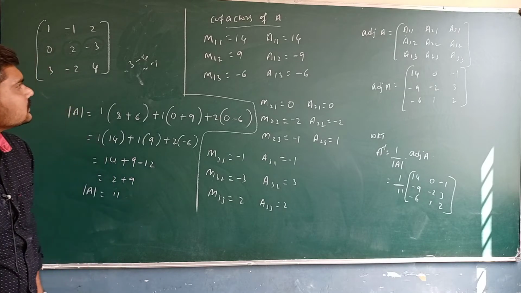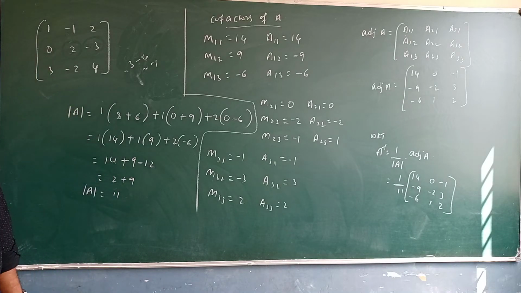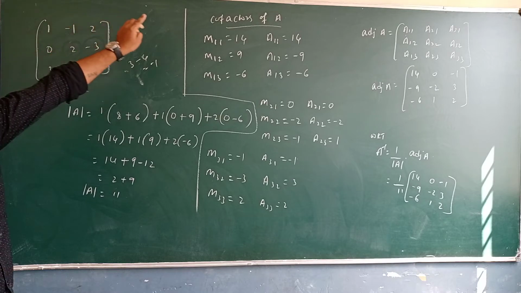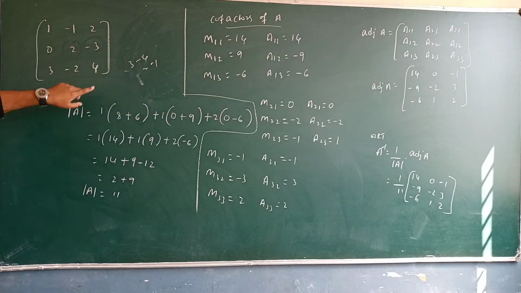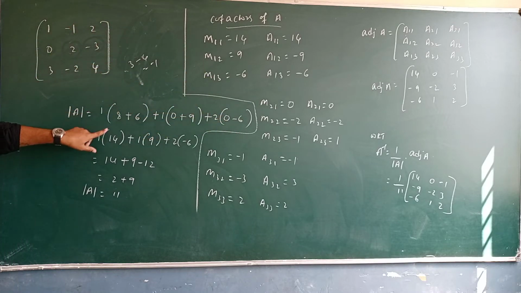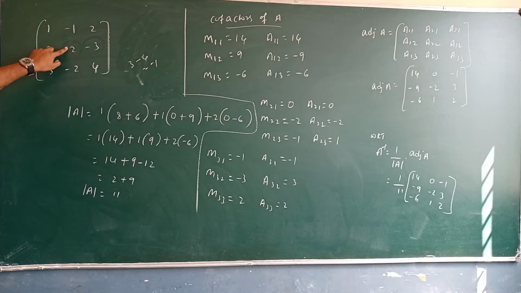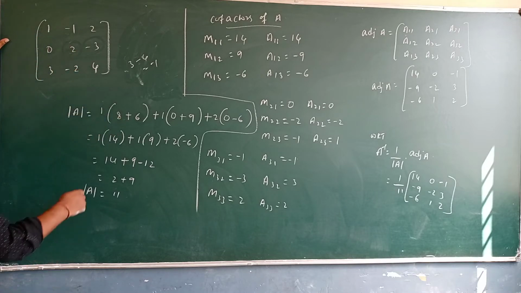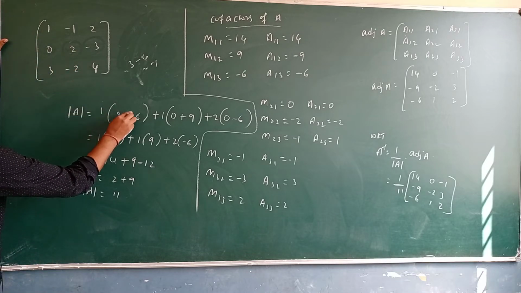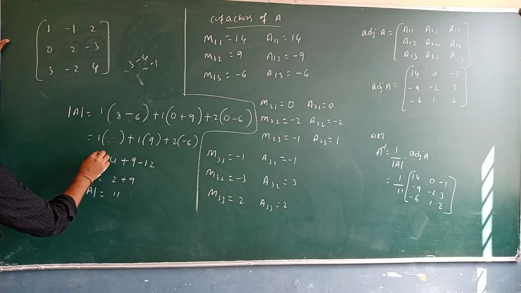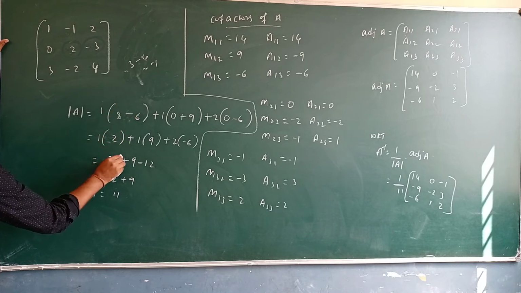So A11, 1 into 8, minus 6, so that's not 2.